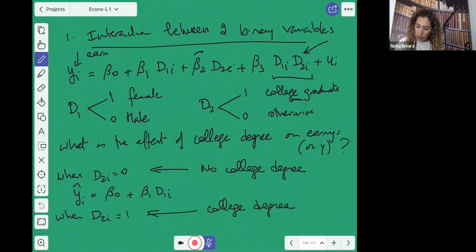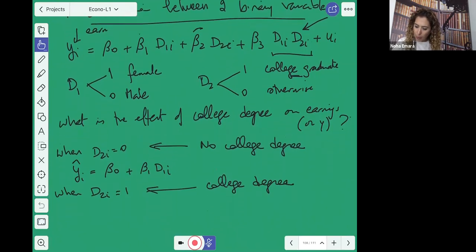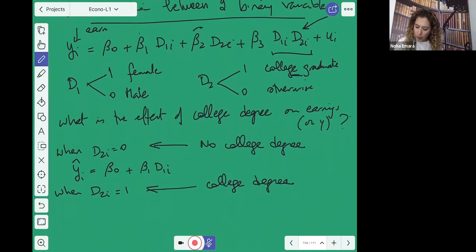I plug it in the model and I'm going to get yi hat equal to beta naught plus beta 1 d1i plus beta 2 times 1 plus beta 3 d1i times 1, right?